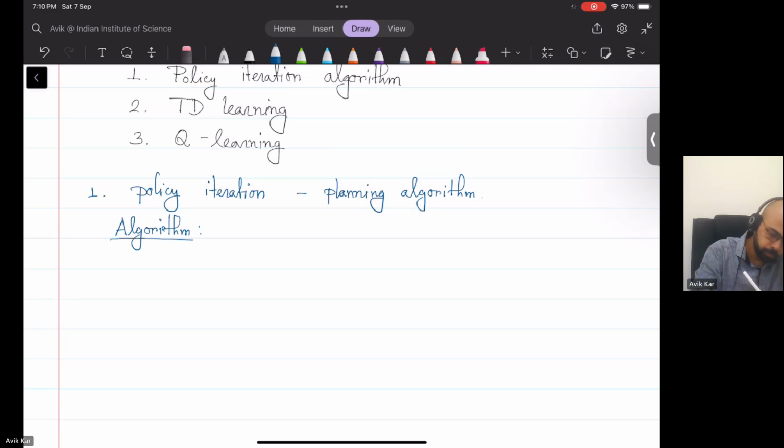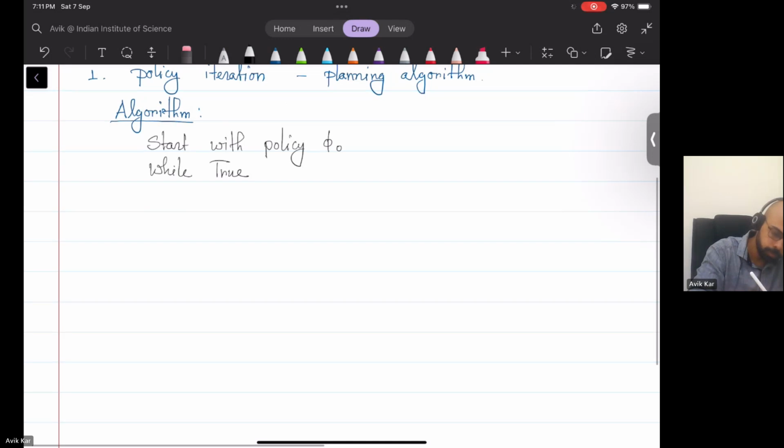While you start with the policy, start with pi naught. First step is evaluate policy.